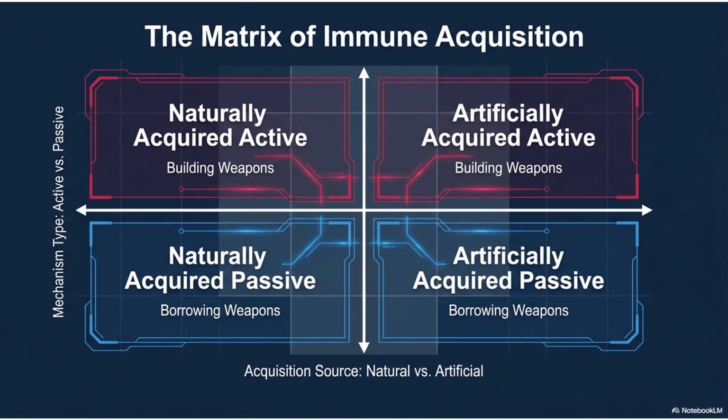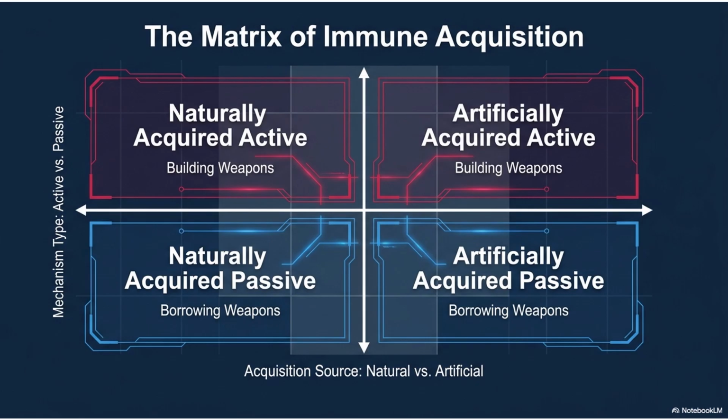Active immunity means your own immune system does the work. It recognizes a threat, it builds a response, and it usually creates memory for that threat. Passive immunity means the antibodies are already made somewhere else and transferred to you. In short, active means you build the weapons, passive means you borrowed them.